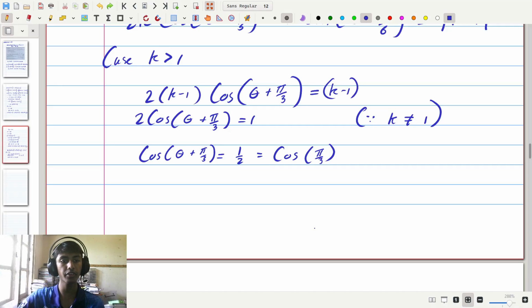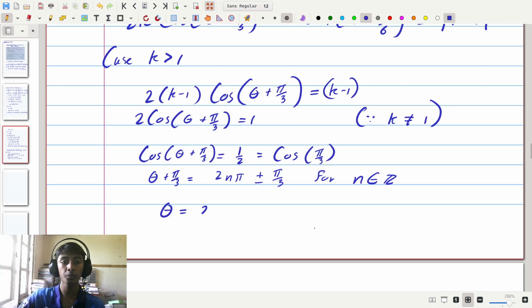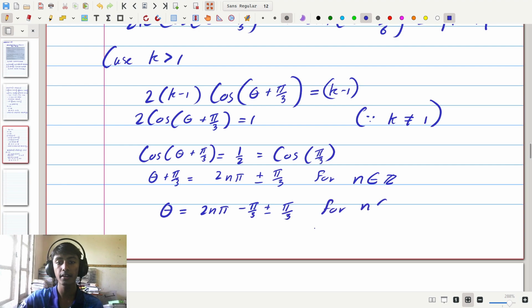And therefore here we can write that theta plus pi by 3 must be equal to 2n pi plus or minus the other angle, which is pi by 3, for n an element of the integers. And therefore simplifying this down, theta must be equal to 2n pi minus pi by 3, again plus or minus another pi by 3, for n an element of the integers. And that's going to be the solution for k greater than 1.